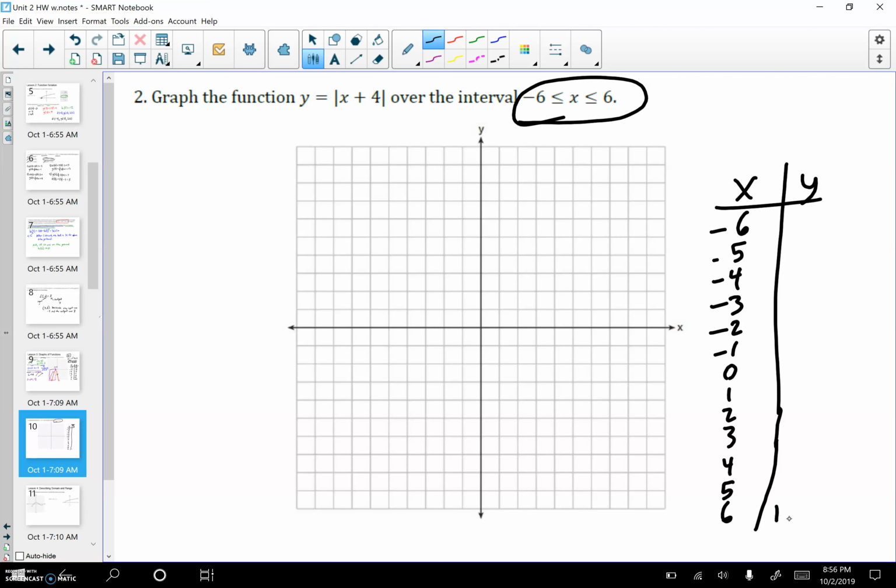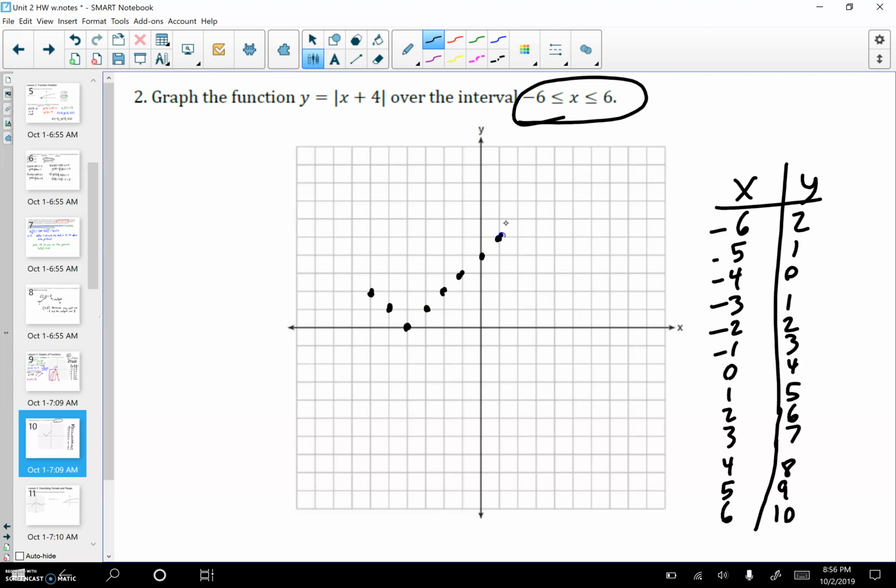So at 6 we get 10, then 9, 8, 7, 6, 5, 4, 3, 2, 1, 0. And then you'll notice if you put it into your calculator correctly, you will start counting back up once you get to -5. So if we go to plot those points, -6, 2, -5, 1, -4, 0, and so on.